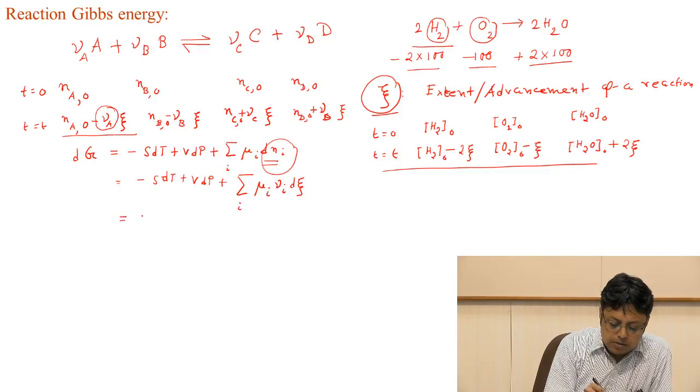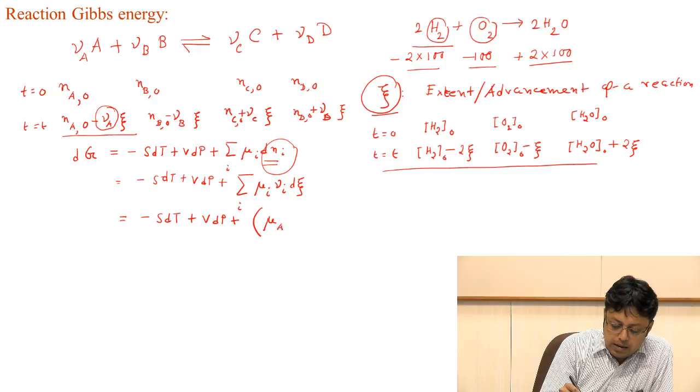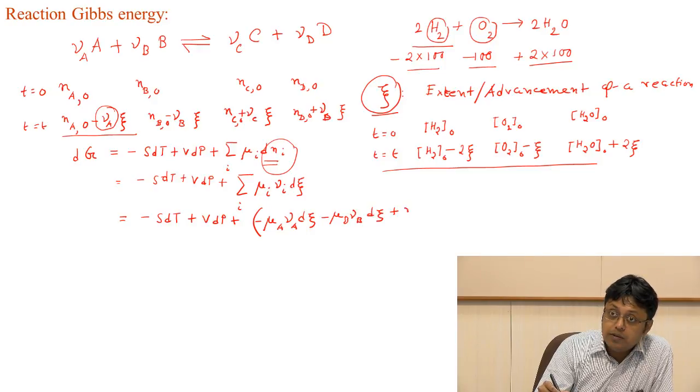It will be minus SdT plus VdP plus, with mu A and nu A, but nu A had a minus sign, remember, so minus mu A nu A dxi, minus mu B nu B dxi, plus mu C nu C dxi, plus mu D nu D dxi.